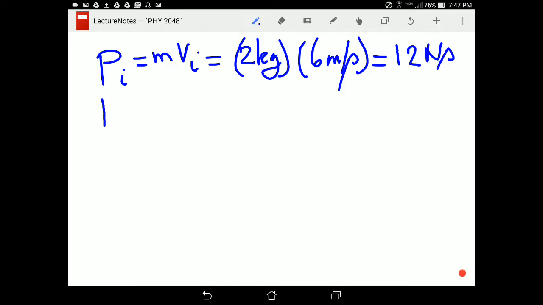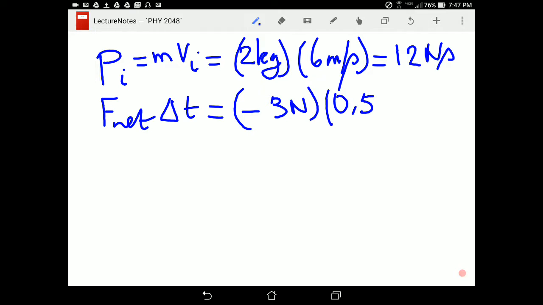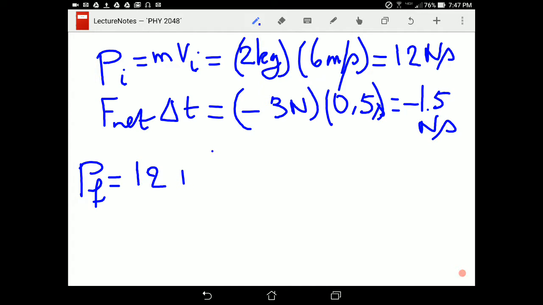The net force times delta t. So this was negative 3 newtons for the force, multiplied by 0.5 seconds for the amount of time. And so this gives us negative 1.5 Newton seconds. And so the final momentum is going to be the initial momentum, 12, plus F net times delta t, which is negative 1.5, and that gives us 10.5 Newton seconds.